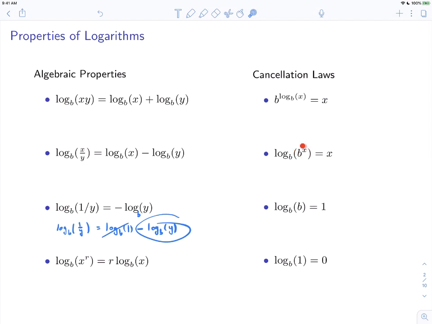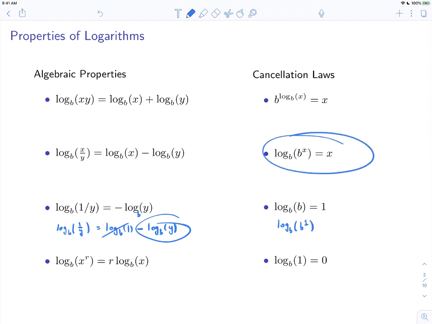So the exponential base b takes x to some number, and then log base b just sends it back to x. The next rule is really just a special case of the previous. So log base b of b is equal to 1. That's because b is equal to b to the 1, so this is log base b of b to the 1 power.